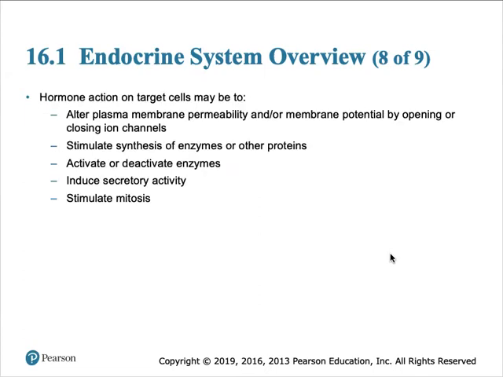All right. A hormone, when it gets to the target cell, can do lots of different things. All right. And it all depends on what the target is and a specific cell type. They respond differently to different hormones. So one possibility is it could alter the plasma membrane permeability or membrane potential. So maybe it opens up an ion channel and lets things pass through. That's kind of like a neurotransmitter that we've already talked about.